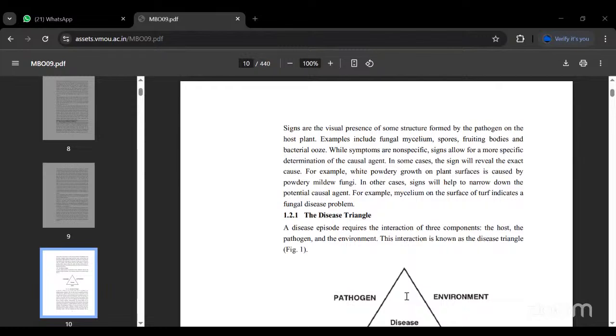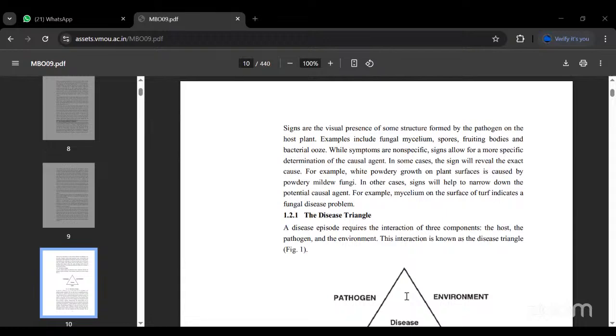While symptoms are non-specific, signs allow a more specific determination of the causal agent. In some cases, the sign will reveal the exact cause. For example, powdery growth on the plant surface is caused by the powdery mildew fungus.